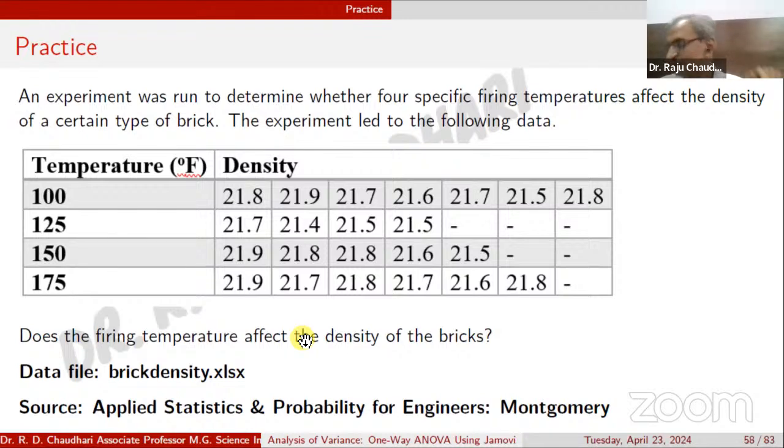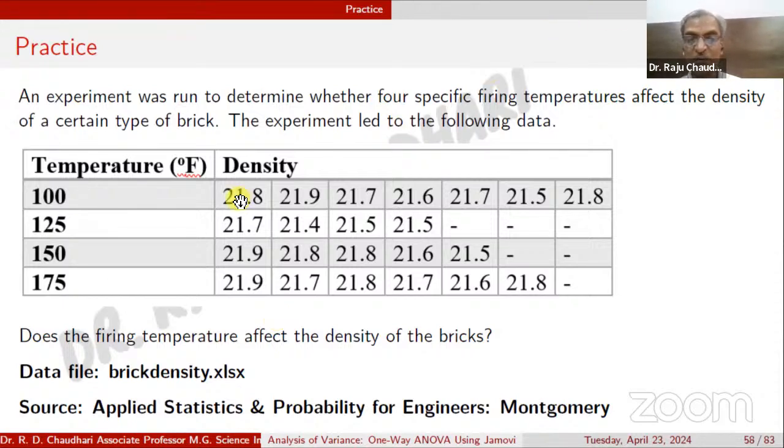What is the second column? The second column is the temperature. So you can create another variable and give it the name temperature. Then you can write 100, 125, and so on.